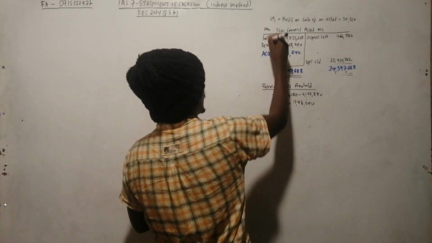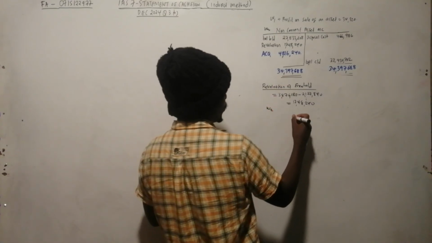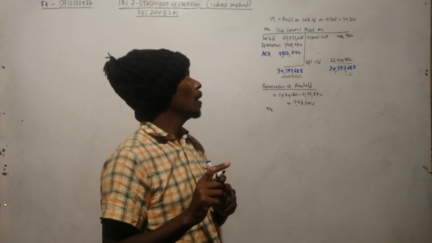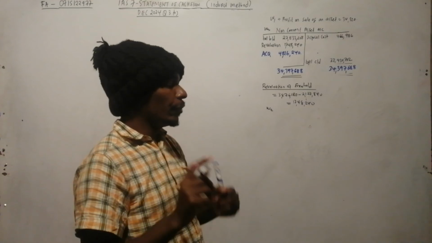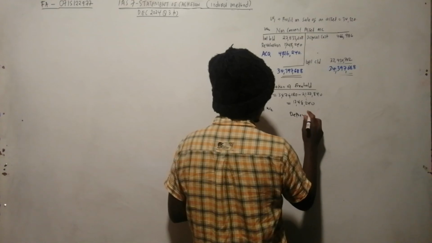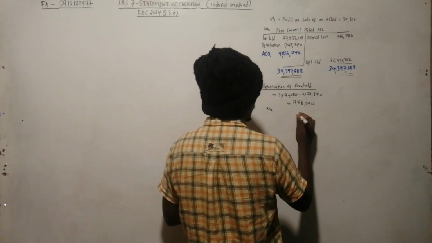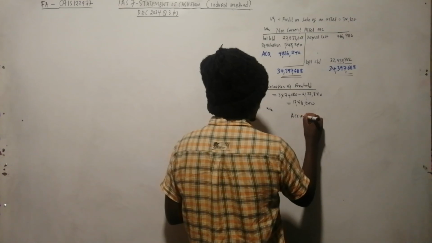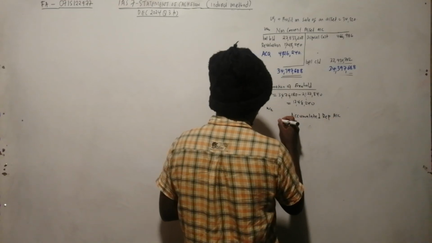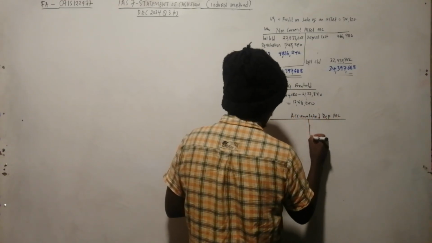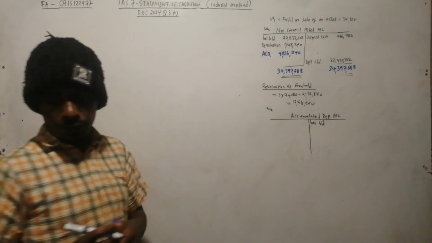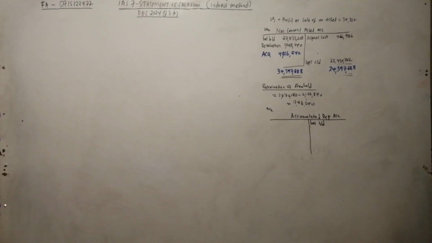Working number 3, you're supposed to estimate what we call the depreciation. Depreciation is determined from the accumulated depreciation account. So we start with the balance brought down. We go to the income statement up there.